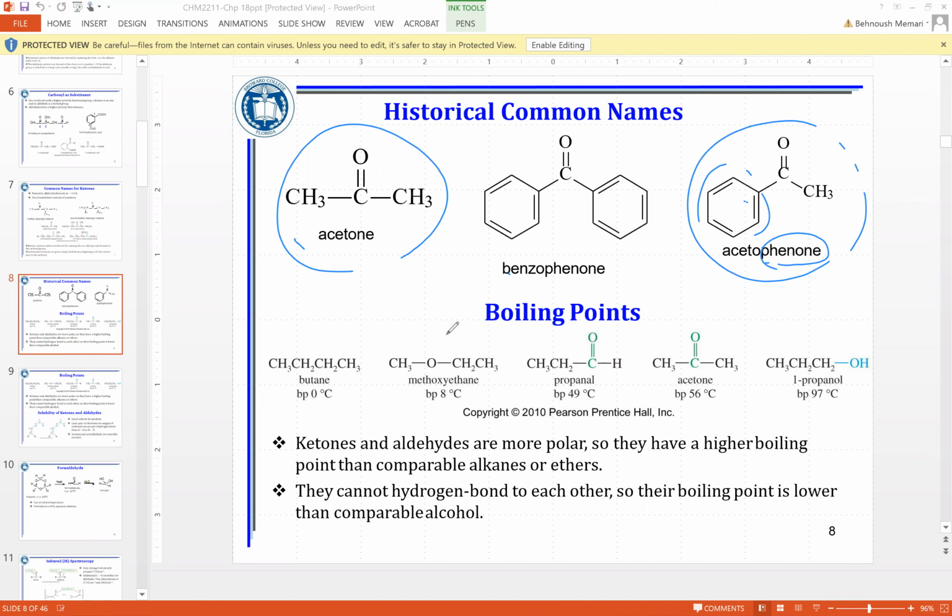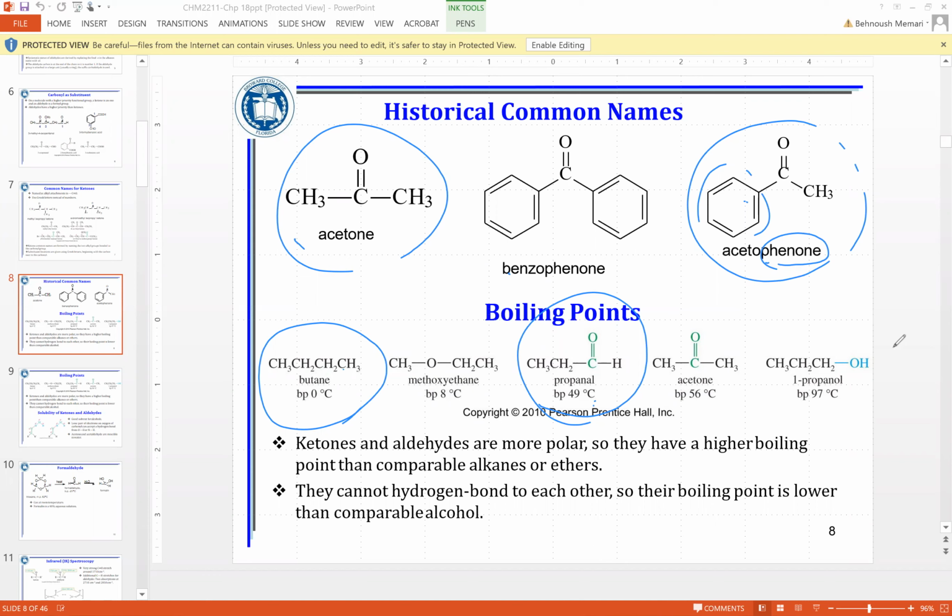As a result, you have almost the same molar mass, but 49 degrees Celsius versus 0 degrees Celsius for the boiling point because of the dipole-dipole interaction. The stronger the dipole-dipole is, the higher the boiling point is going to be.